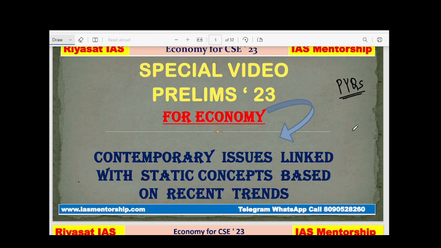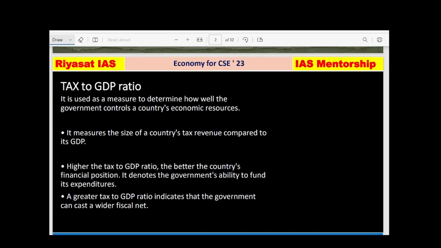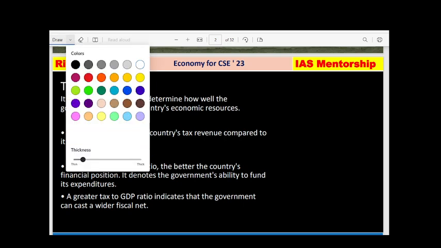That will help you to answer the question effectively. Also, all the things are based on recent trends, which means I have linked the static with current affairs. So this is your one-stop solution for understanding the trend-based questions coming in the examination. Let us move ahead and understand the first topic, that is the tax to GDP ratio.